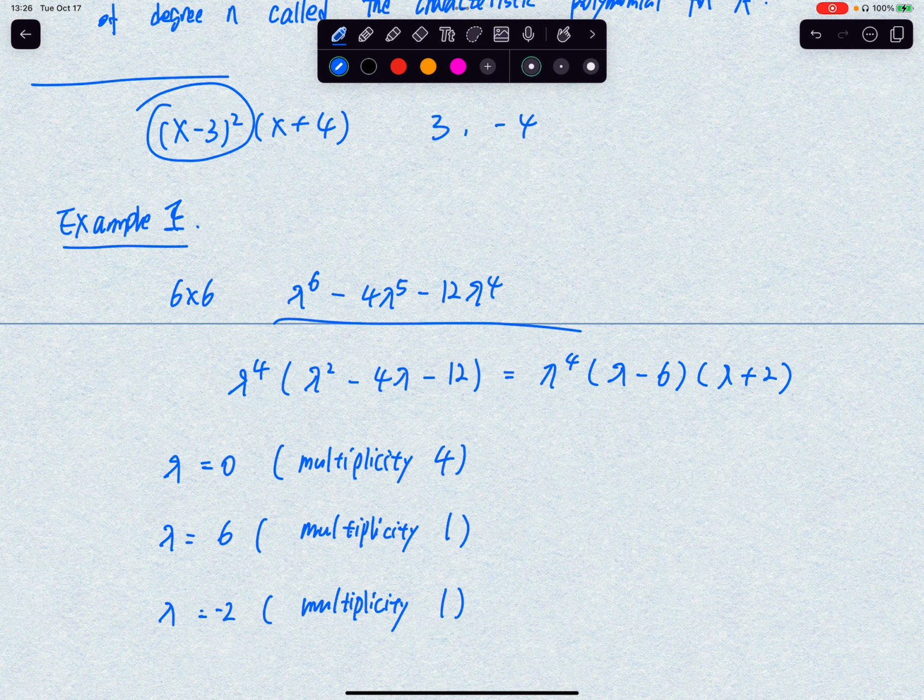Since the characteristic equation for an n by n matrix involves an nth degree polynomial, the equation has exactly n roots counting multiplicities, provided complex roots are also allowed. The complex roots are called complex eigenvalues.